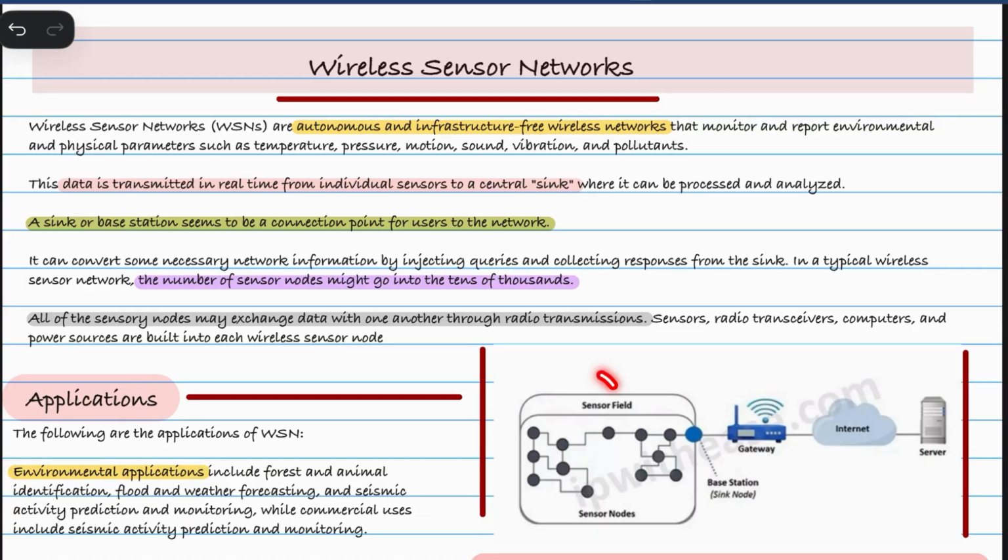So you see over here, there is a field of sensors, and all these sensors are hopping their data until they reach a base station or a sink, and through this sink the data is sent to the server for analysis.